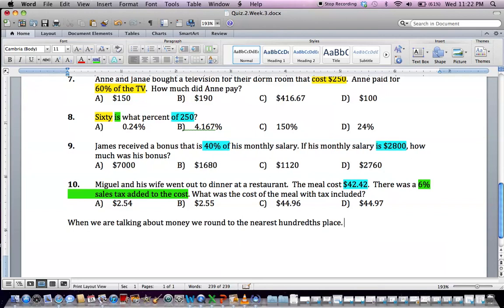That's important for this problem here. That's the cents place. There's a cue right there that will help you jog your memory. This is something that we did in class yesterday.